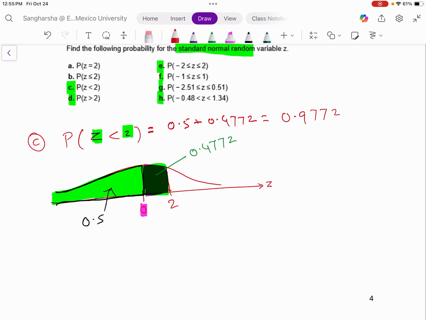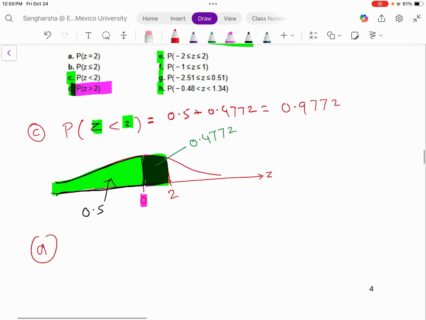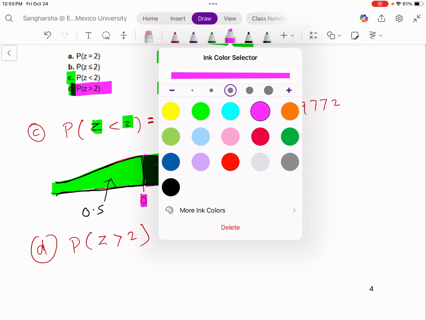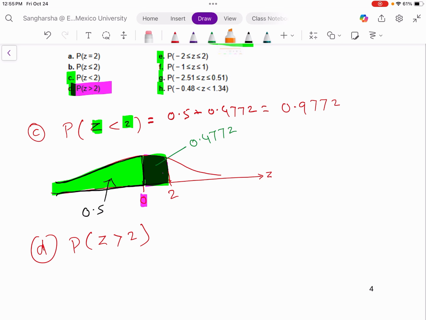In part D, we are asked to find the probability that G is greater than 2. Let me use the same graph. G greater than 2 means everything on the right of 2.